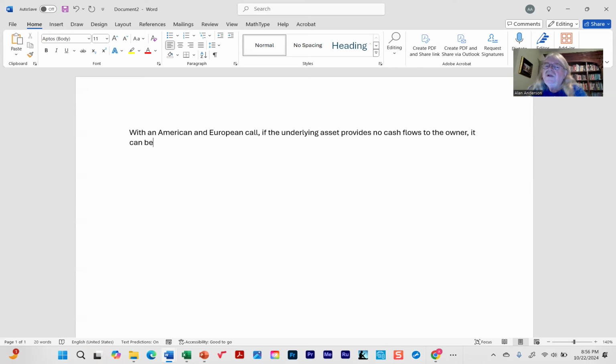So this result I'm about to show you would also be proved in the same way. We can prove with a no-arbitrage argument that these two options will actually have the same value because there's no benefit to exercising the American option early. So it can be shown that it will never make sense to exercise the American option early, or I should say, prior to maturity.